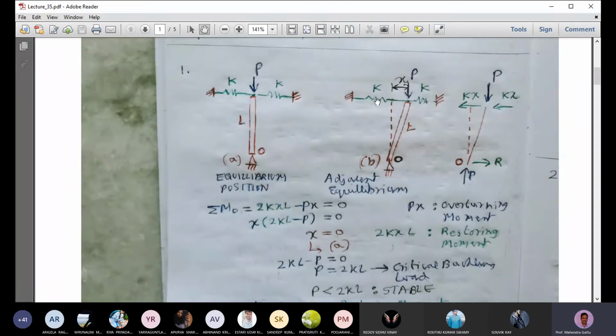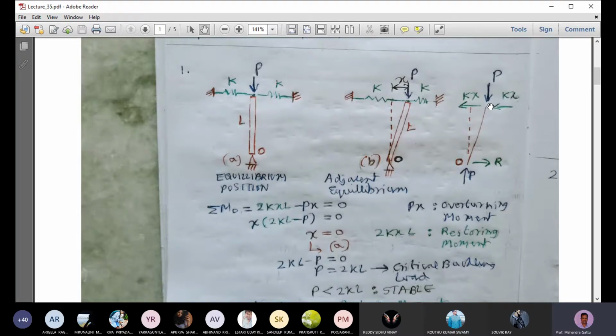The first spring is stretched by x, so the spring force will be kx, and the right spring is compressed by x, so again the spring force will be kx, and both act to the left. We have the axial load P, and the reaction from the pin. This is the equilibrium position in the deformed configuration.